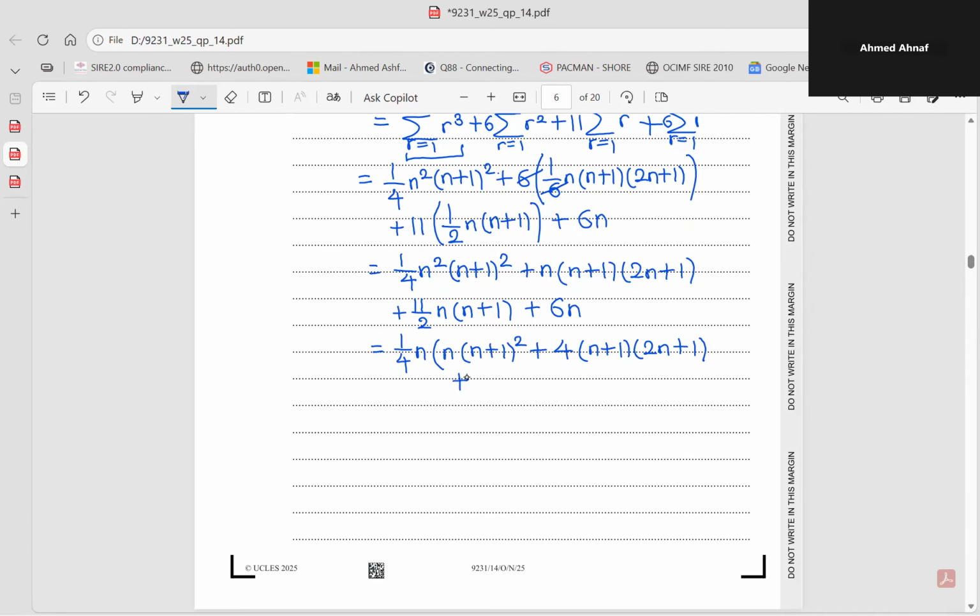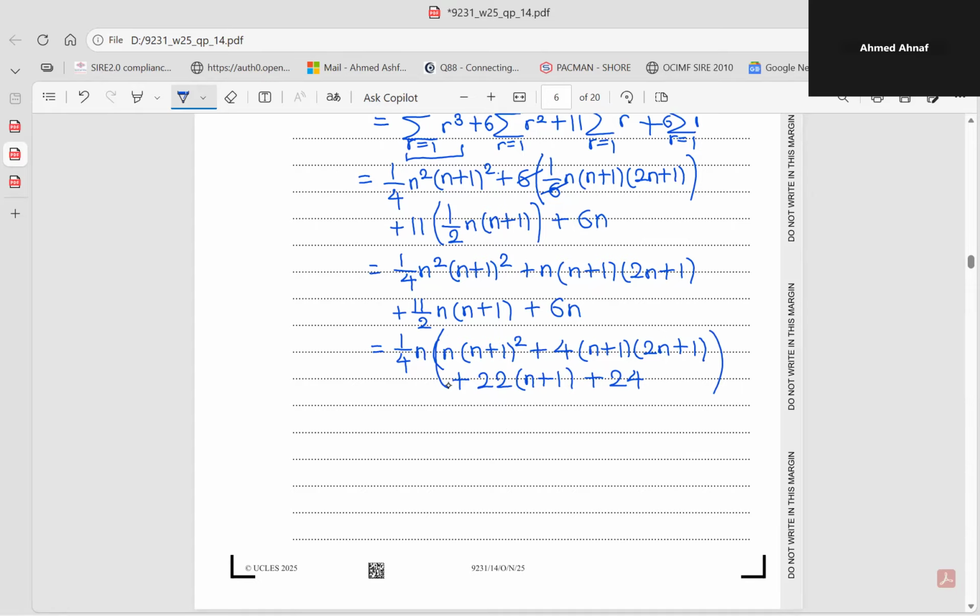Then for this one, the n will be gone. 11 over 2 divided by 1 over 4 is 22, a very nice number, so 22 times n plus 1. Plus 6n, which divided by 1 over 4n is just 24.